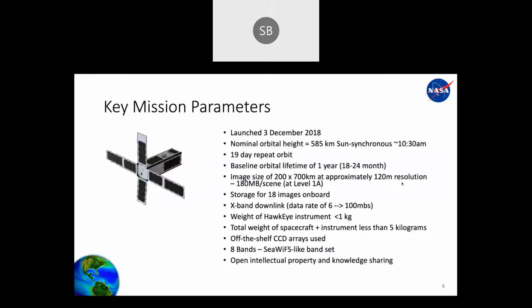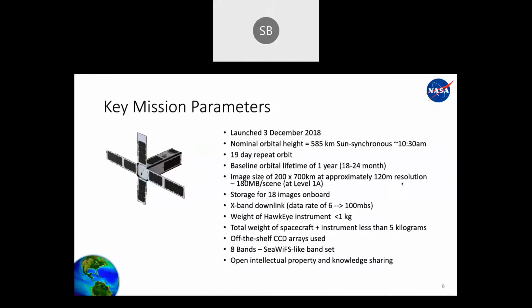So SeaHawk has a unique capability in that we have an X-band transmitter on board, which allows us to have data rates much greater than any other CubeSat. We can download up to 100 megabits per second, which was necessary for us to be able to collect these data and download them efficiently.